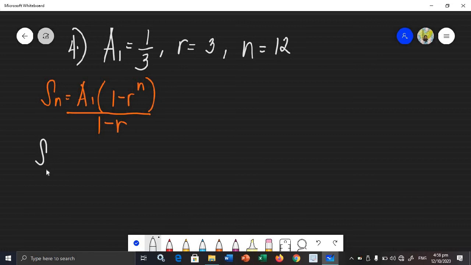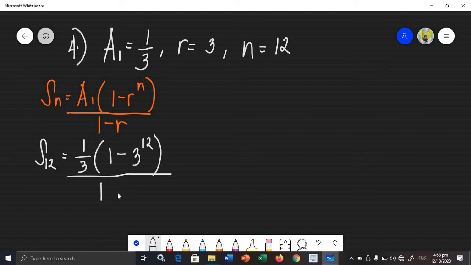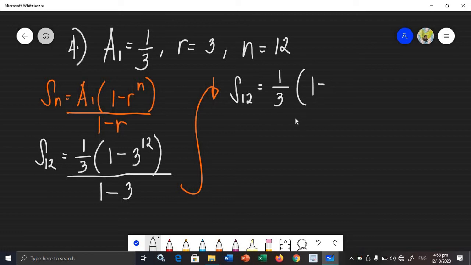So, S sub 12 is equal to A sub 1, no? Times the quantity 1 minus 3 raised to 12 all over 1 minus 3. Okay? And then S sub 12 is equal to 1/3 times 1 minus 3 raised to 12. The answer is 531,441.